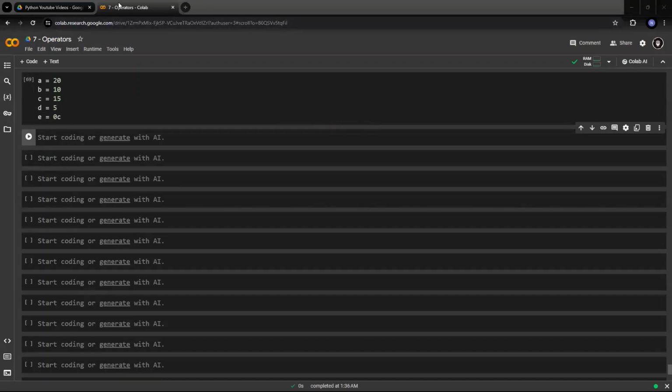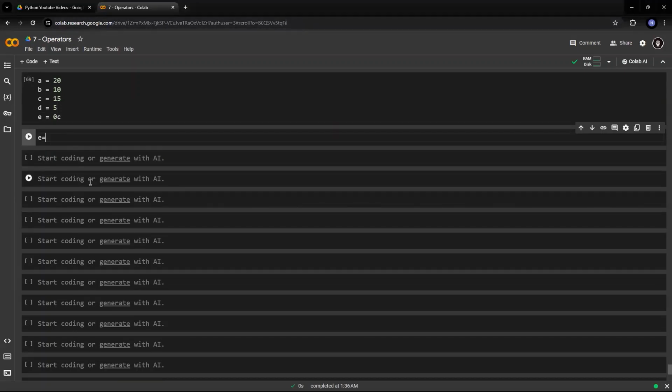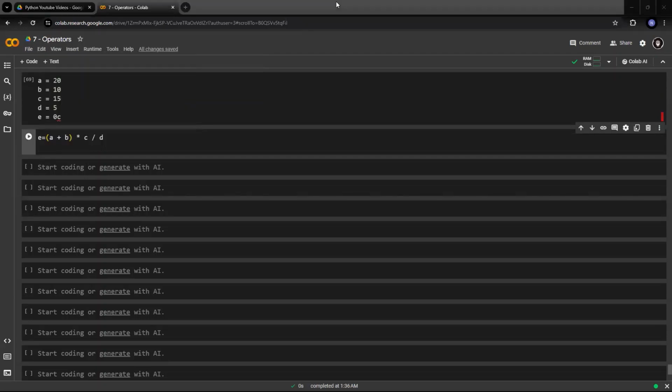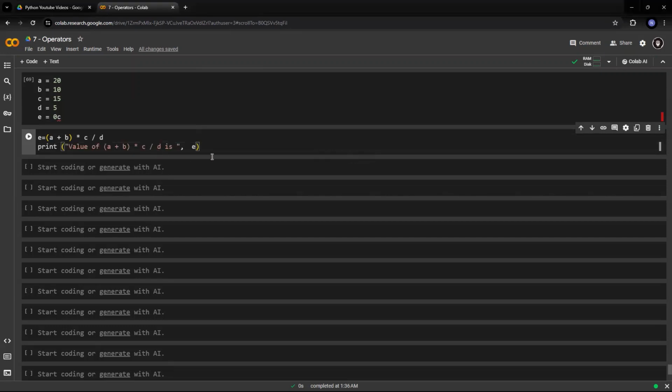So what I'm trying to do is E equals to (A plus B) into C divided by D. Let's try to evaluate this and print the value of E.